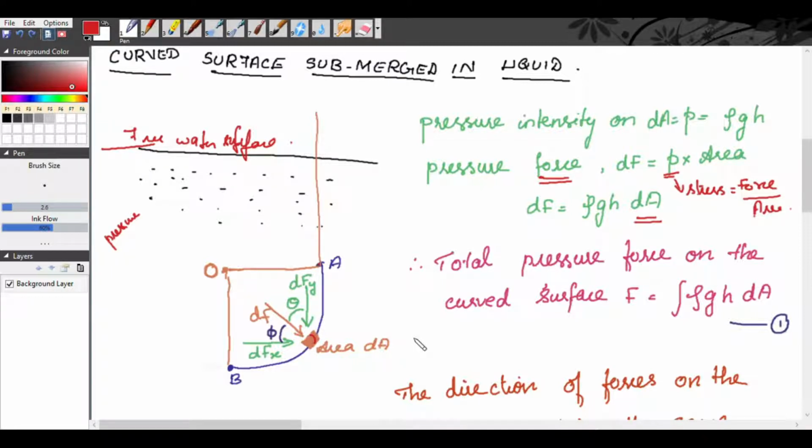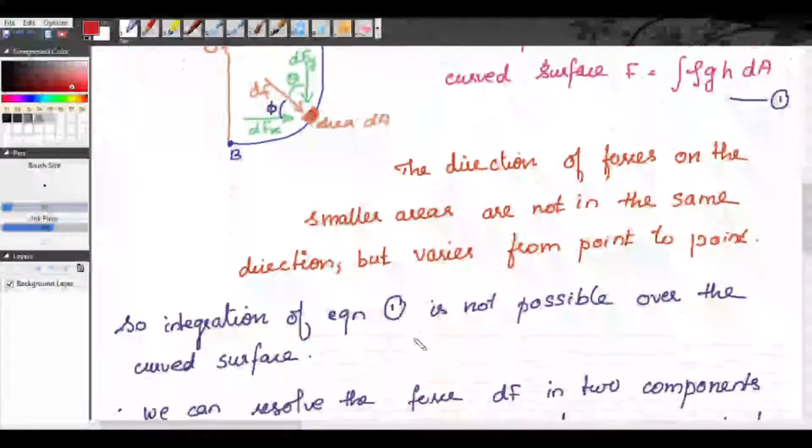If it is a vertical or horizontal surface, you can directly do the integration. Since it is a curved surface, the direction varies from point to point, so you cannot take the integration directly.